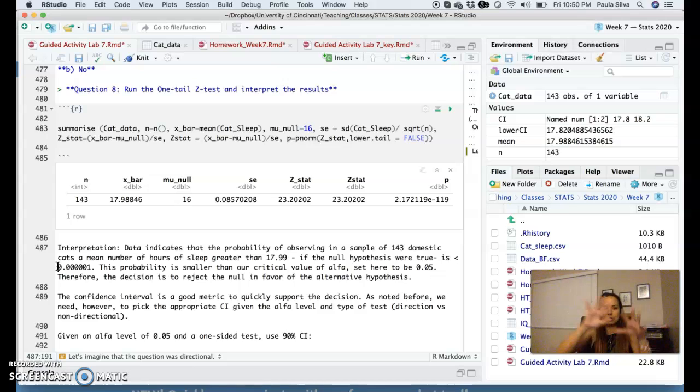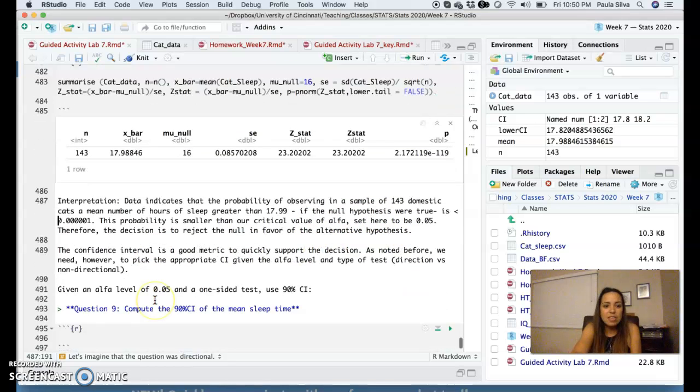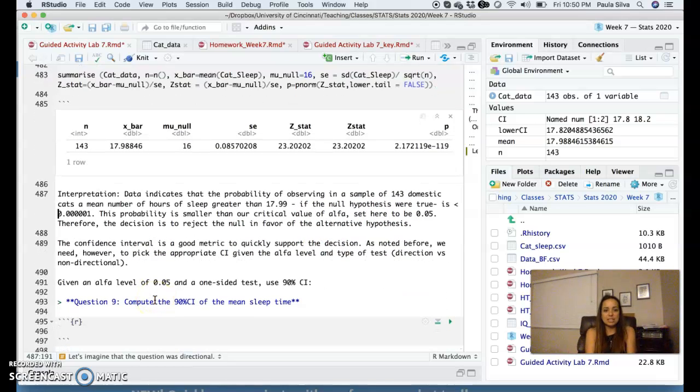Less than 0.0000, it's 119 zeros. This probability is smaller than our critical value of alpha, set to be 0.05. Therefore, the decision is to reject the null in favor of the alternative hypothesis.